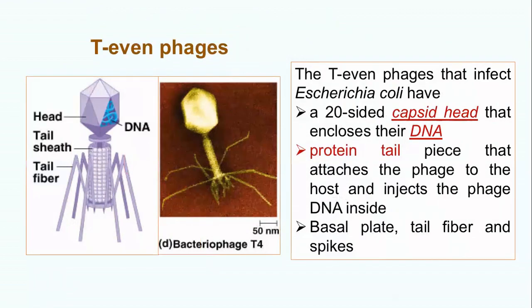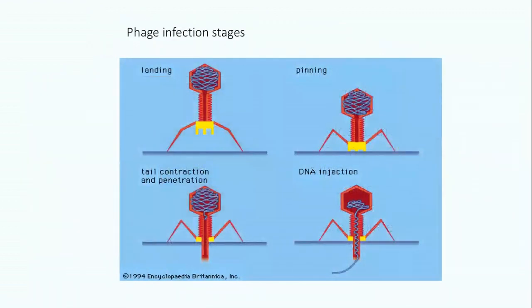Now let's see how they replicate. Just a recap of the infection stages and how they multiply. We have seen this in an earlier class. The bacteriophage comes and lands; this single line that you can see here represents the surface of the bacterial cell.